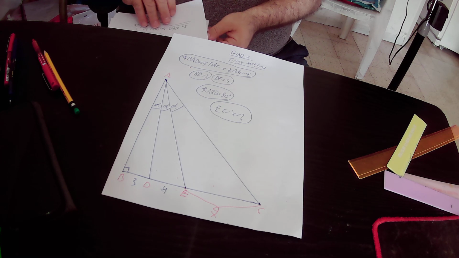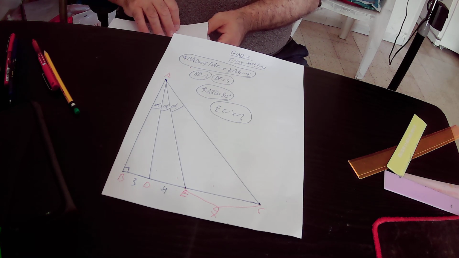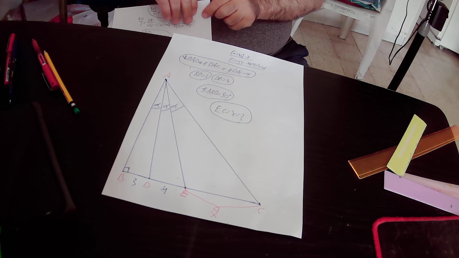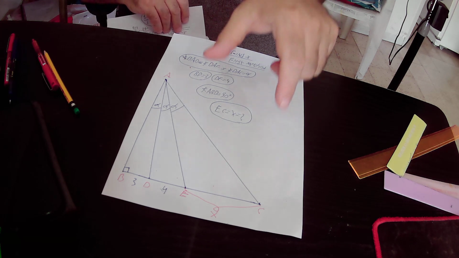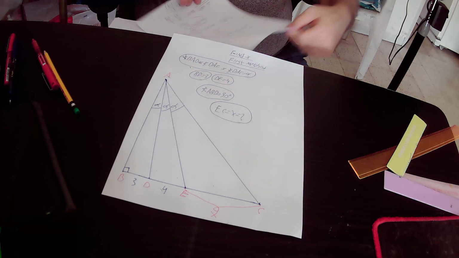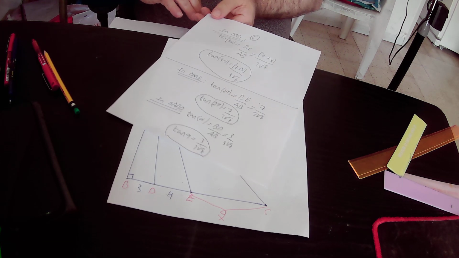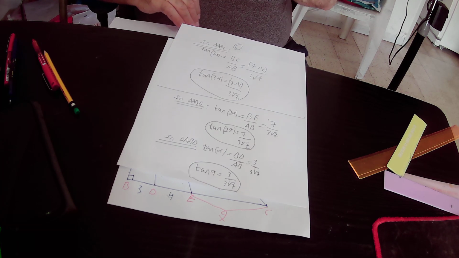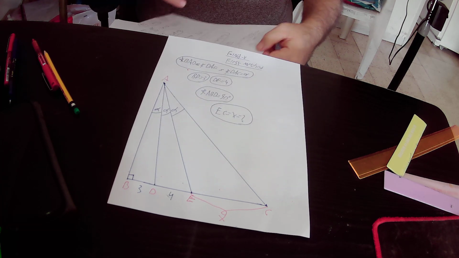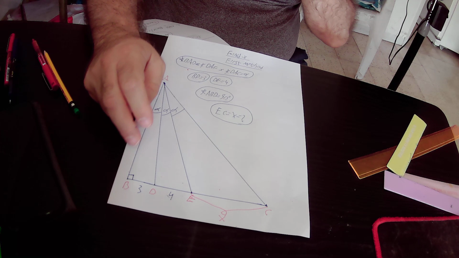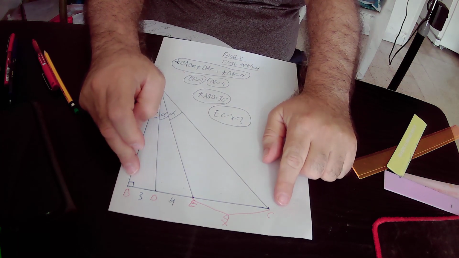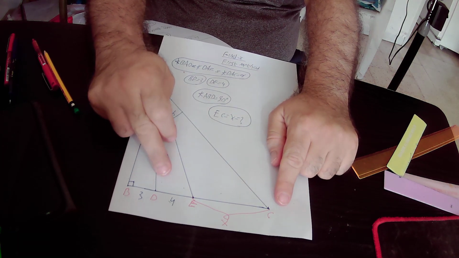We know that in the right triangle ABC, tangent 3 alpha equals BC over AB. What is the value of BC? BC equals 3 plus 4 plus x.